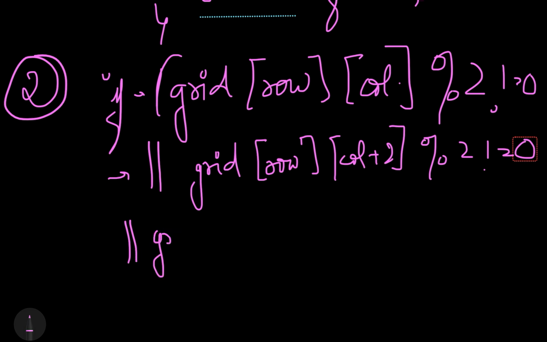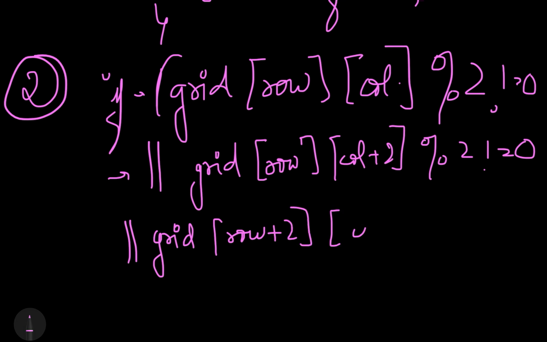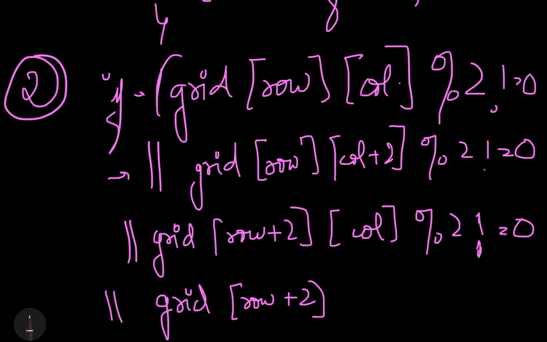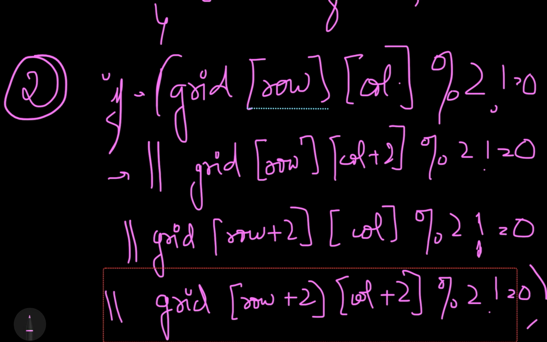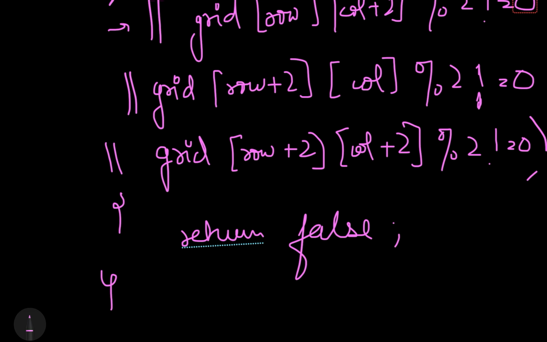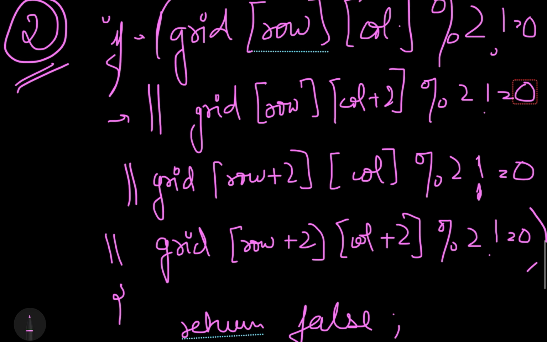Now let's check whether grid of row plus 2, column mod 2 is even or not. And lastly, we'll check our bottom right corner, that is grid of row plus 2, column plus 2 mod 2, is even or not. If any one of them is not even, then we'll simply return false. If any one of the corners is not even, our second condition will also fail.